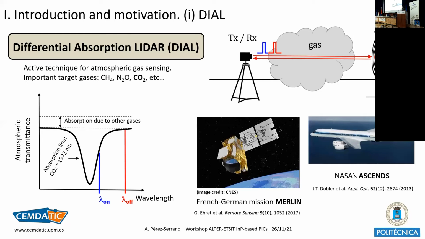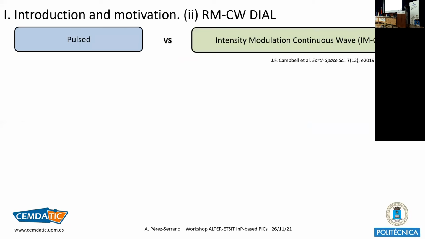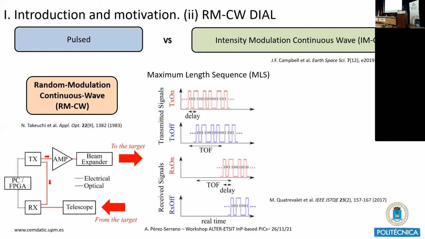This is a standard technique, and it has been used and is being exploited in different missions, such as the French-German mission MERLIN or the NASA ASCENDS mission for carbon dioxide. These lidars usually are based on pulse operation. However, there are other techniques based on intensity-modulated continuous wave, such as, for example, the random modulation continuous wave technique.